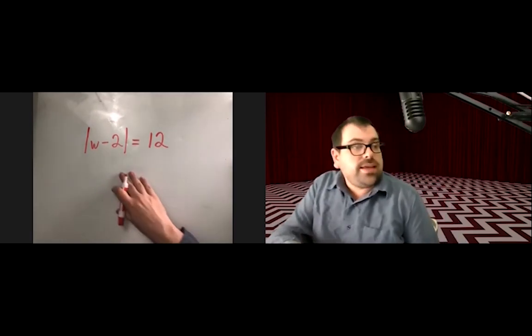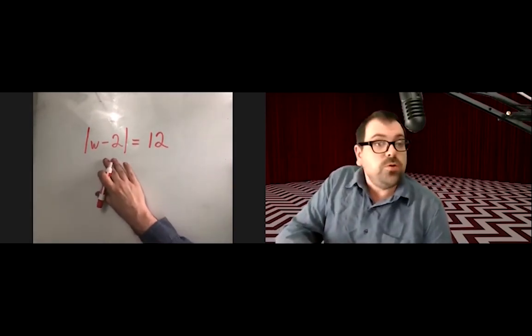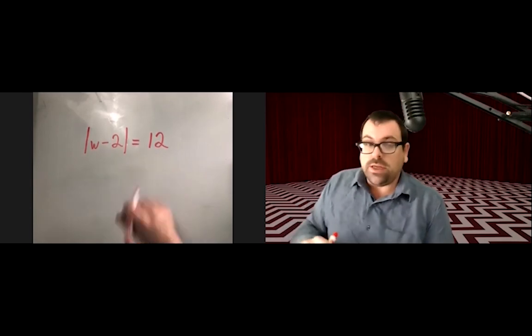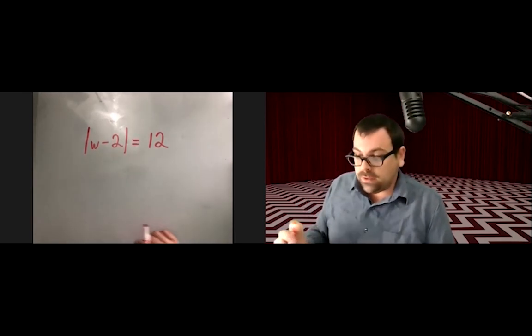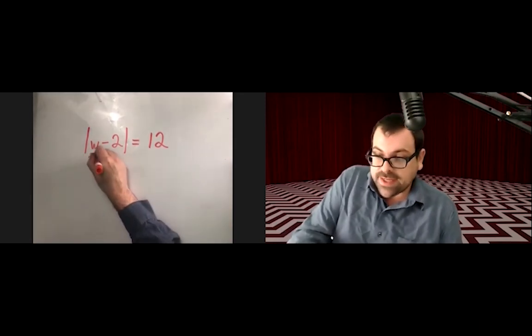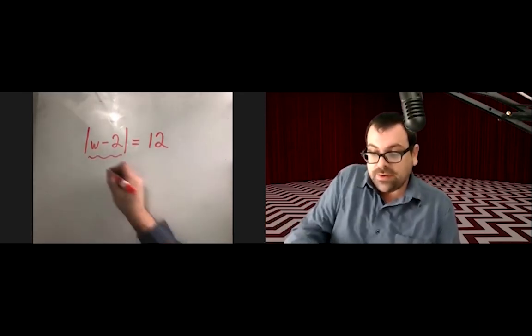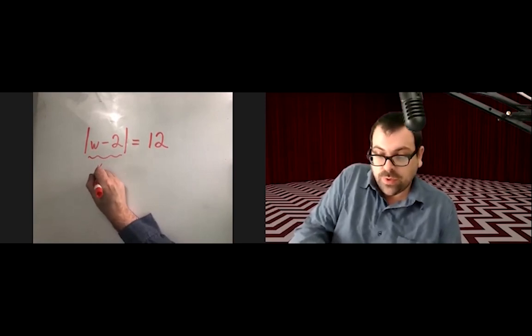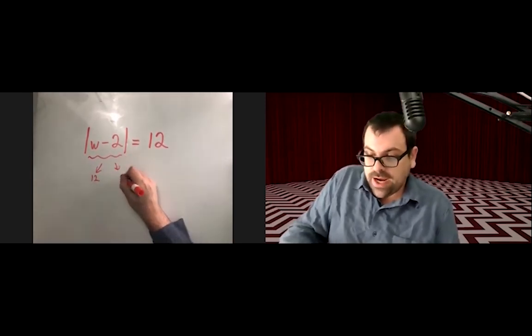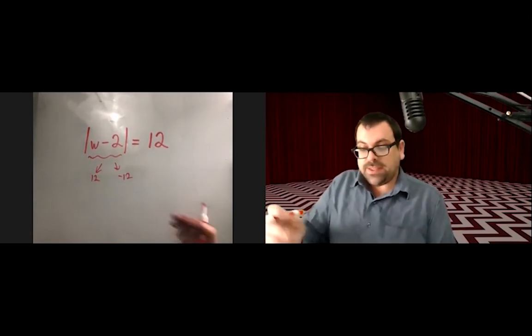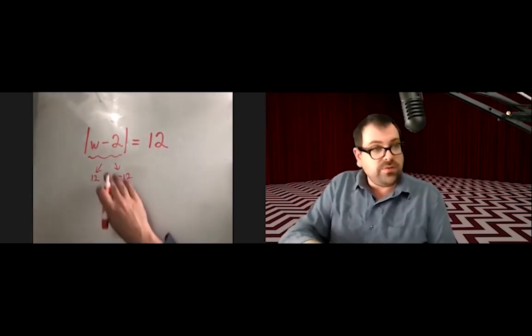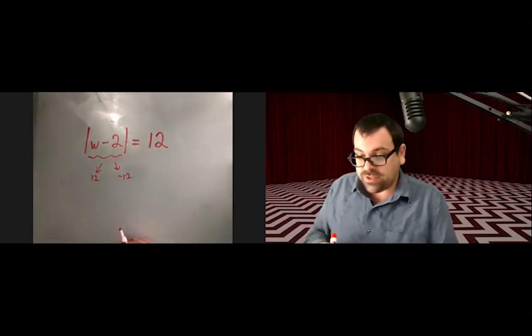Let's say we had the absolute value of w minus 2 equals 12. Well, the thing inside is either equal to 12 or negative 12. Because the absolute value of 12 is 12, the absolute value of negative 12 is 12.